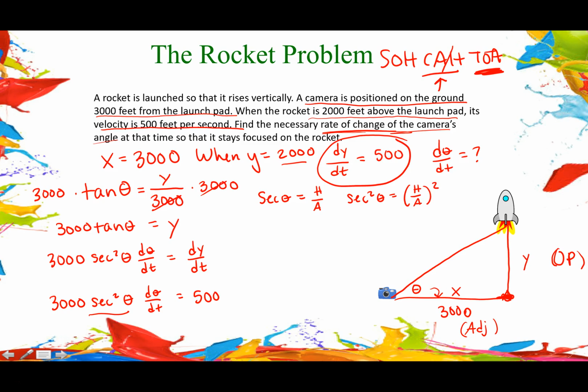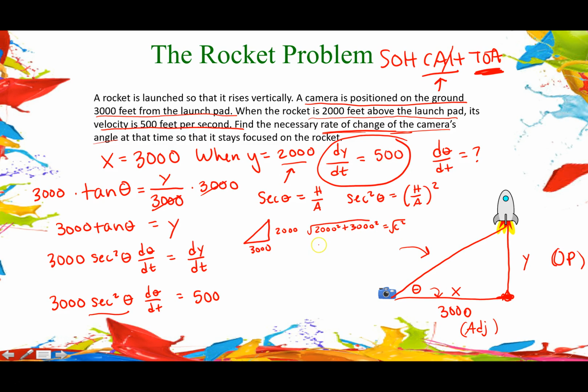The bad news is we don't actually have the hypotenuse, but we can solve for it using the Pythagorean theorem. We've got x is 3,000, y is 2,000. So 2,000 squared plus 3,000 squared equals hypotenuse squared. Get that answer and then square root it.